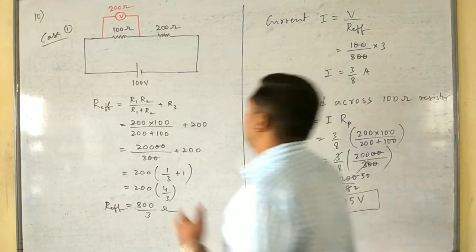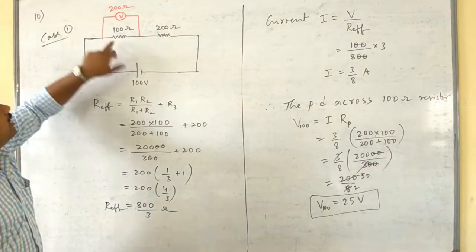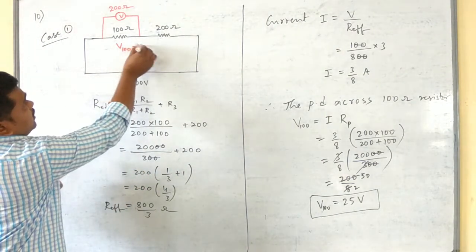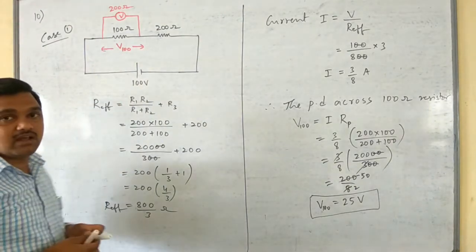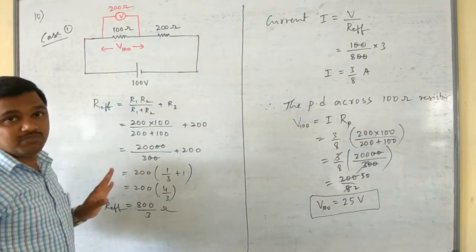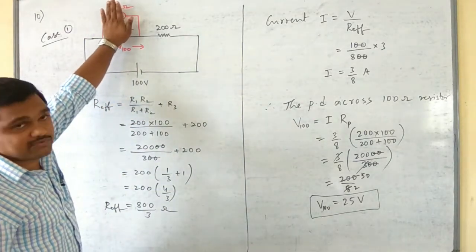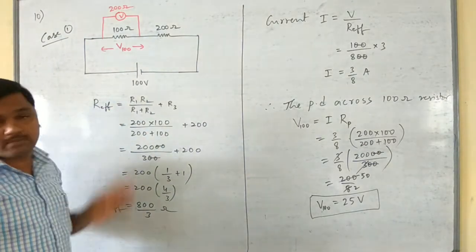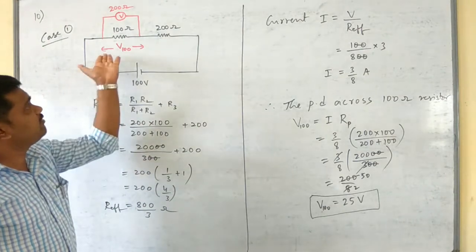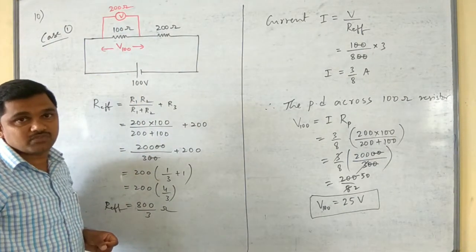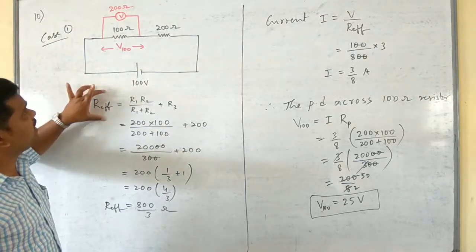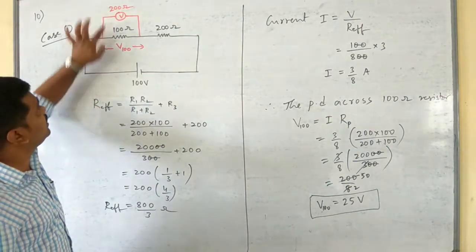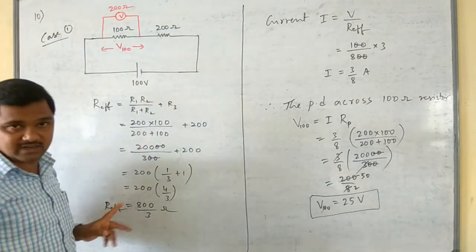Please remember, to find the PD, suppose this is V100. To find this V100, first of all, we should know the value of current. If we multiply the current with this R effective, I mean this RP, we get V100. Current will come only when we know the R effective of the combination. Here, 200 and 100 are in parallel combination, hence 200 into 100 divided by 200 plus 100.